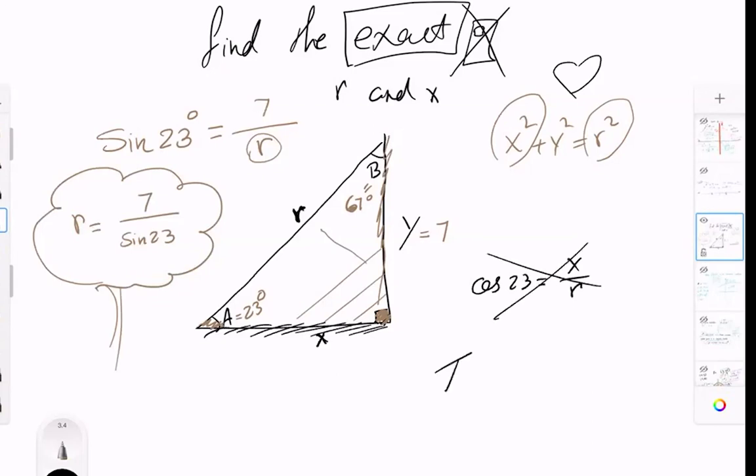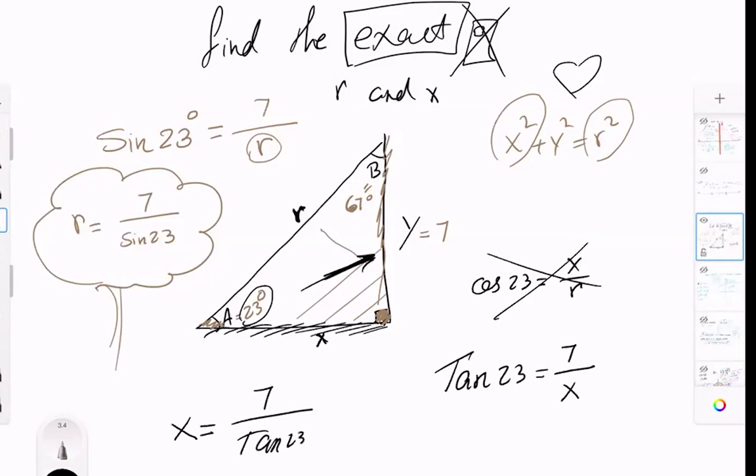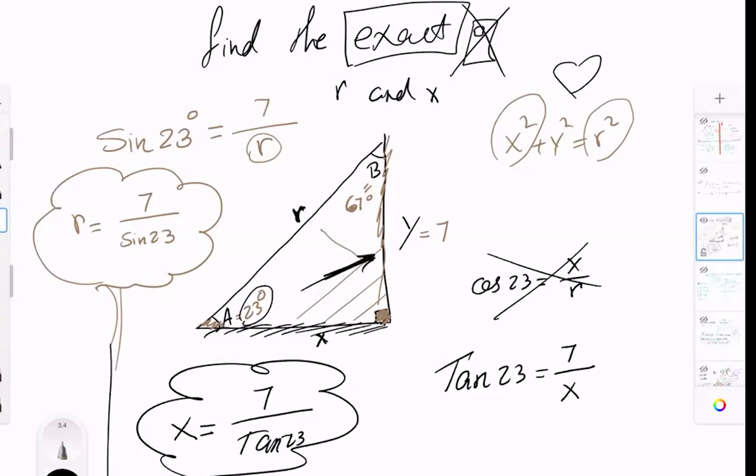But if I use tangent of 23, tangent of 23 will be opposite, which is y, 7, divided by x. Then x will be 7 over tangent of 23. That's the other one. So we solved it.